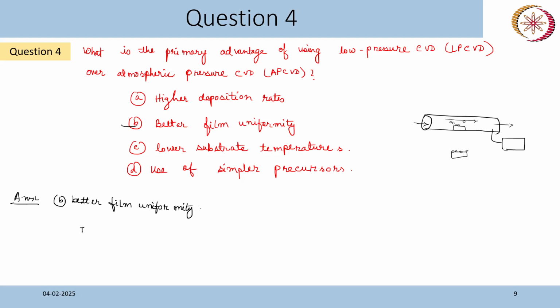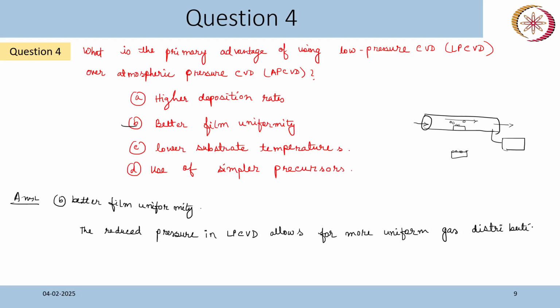Okay, the reduced pressure allows for more uniform gas distribution and diffusion. There will be less scattering.